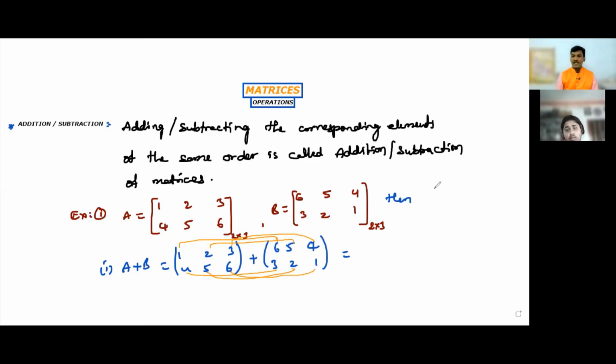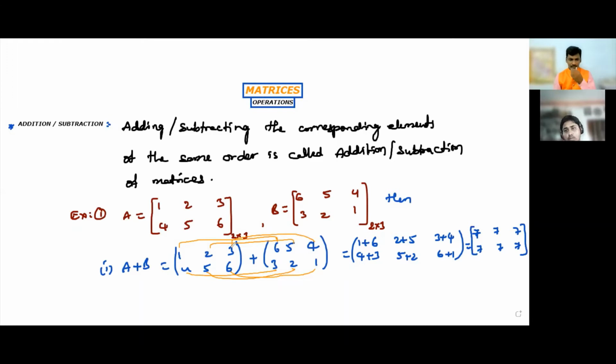They are in the same position, so we are adding the corresponding elements. That means 1 plus 6, 2 plus 5, 3 plus 4, 4 plus 3, 5 plus 2, 6 plus 1. 1 plus 6 is 7, 2 plus 5 is 7, 3 plus 4 is 7, 4 plus 3 is 7, 5 plus 2 is 7, 6 plus 1 is 7.